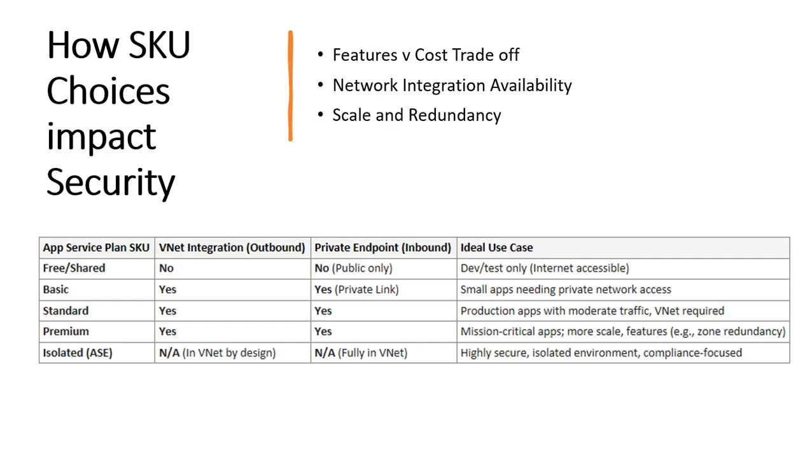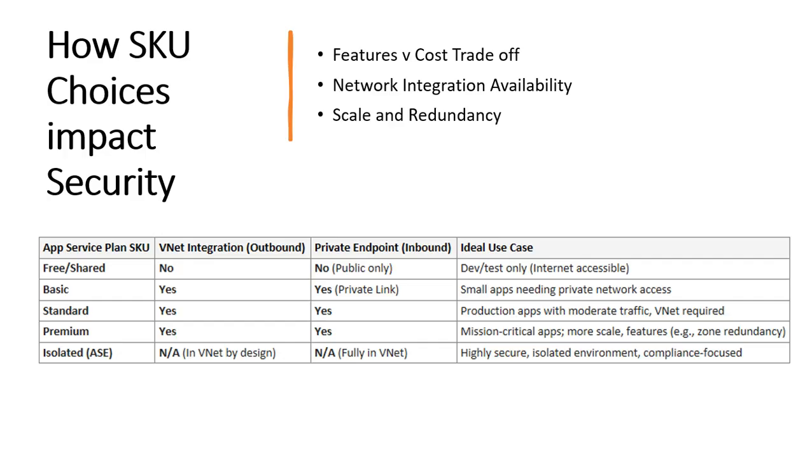They're used by probably guys like me who are playing around with stuff at home. You're not going to use that in a production environment, even for a POC, because the basic tier is now introducing things like VNet integration and private endpoints. And that's massive from a security perspective.